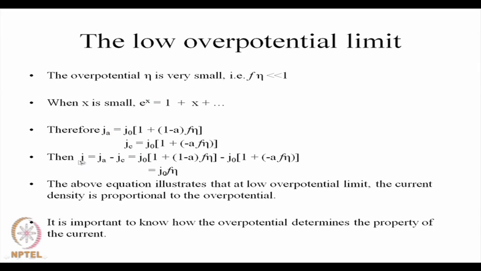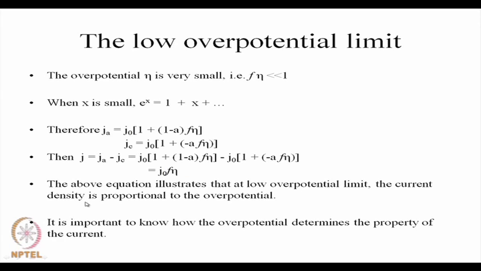So, upon expressing the total current density, which is equal to Ja minus Jc, it is equal to the exchange current density times this one. So, that is equal to J0 F into eta. Basically we see that the net current density is equal to J0 into F into eta.